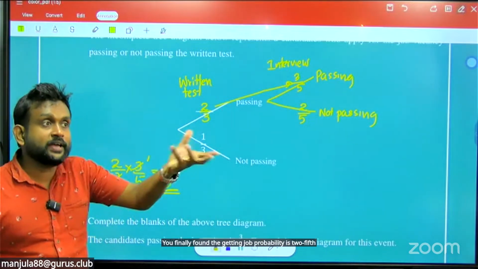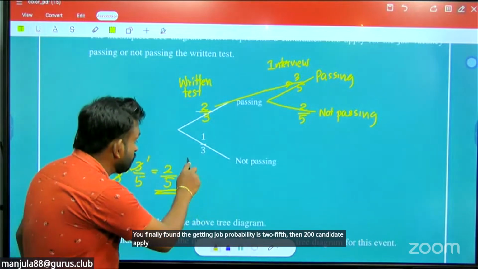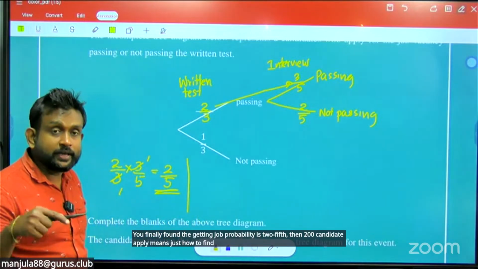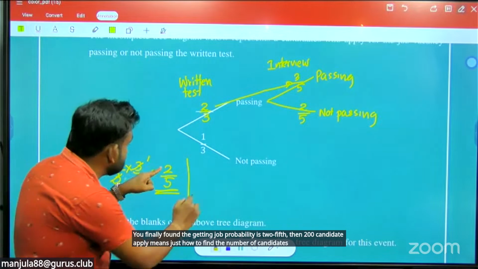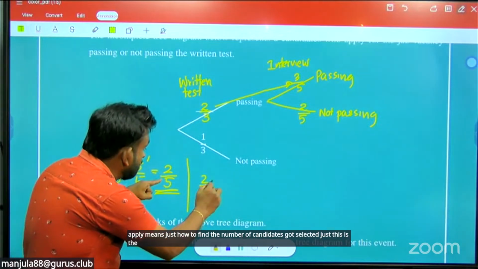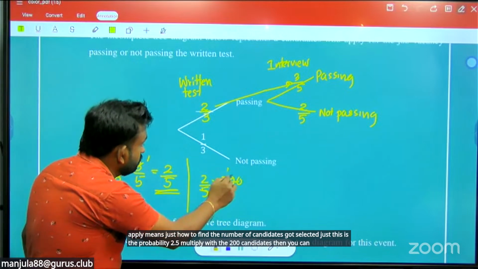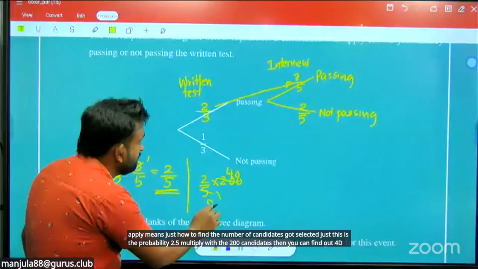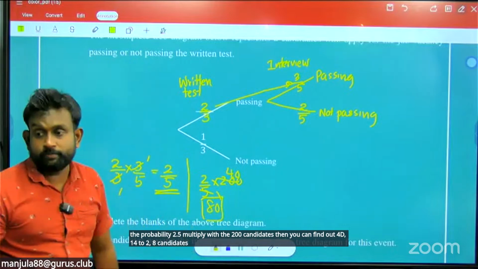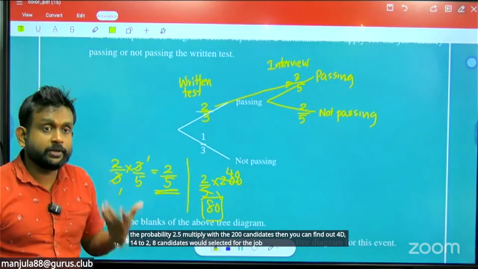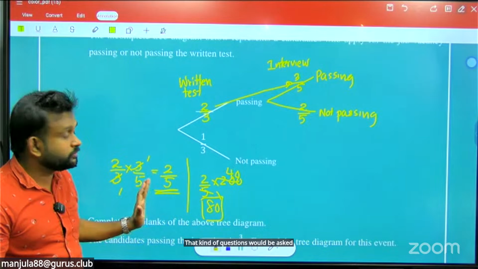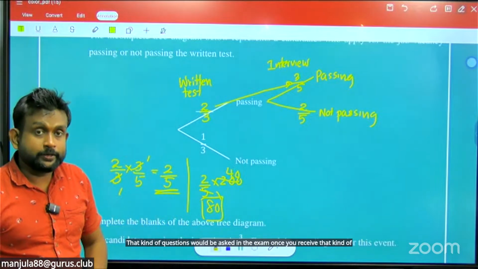Then 200 candidates apply, so to find the number of candidates selected, multiply this probability, 2 upon 5, with the 200 candidates. Then 40 into 2, 80 candidates would be selected for the job. That kind of question would be asked in the exam once you find that kind of probability, right?